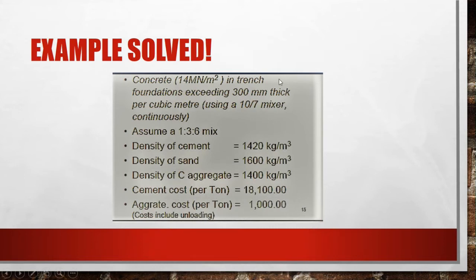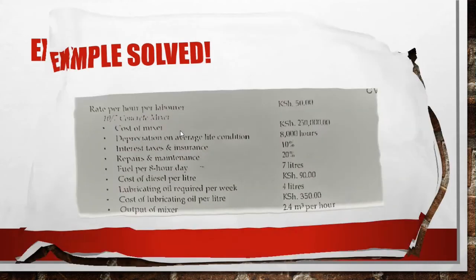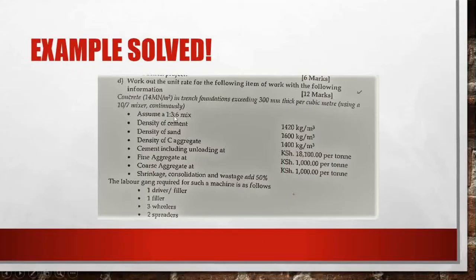The concrete mix being 1 to 3 to 6 stands for 1 meter cube of cement, 3 meter cube of sand, and 6 meter cube of coarse aggregate.